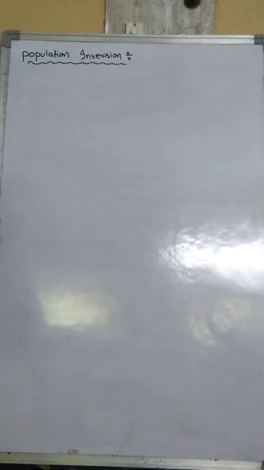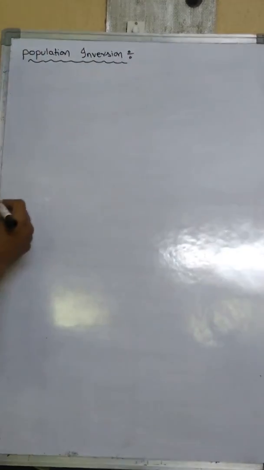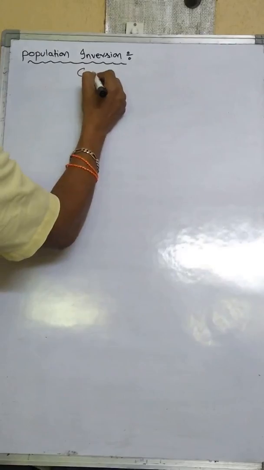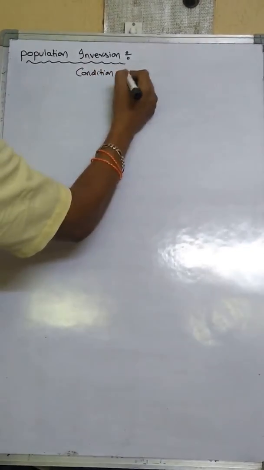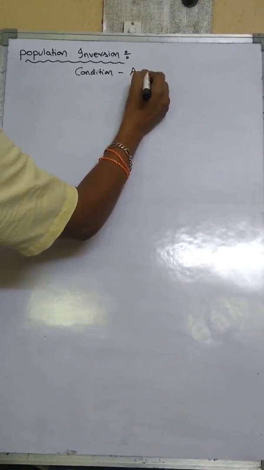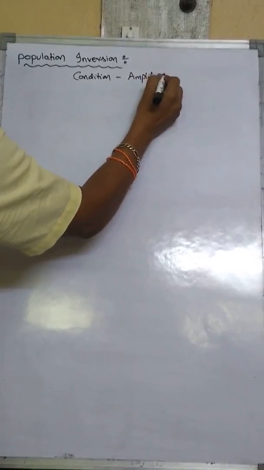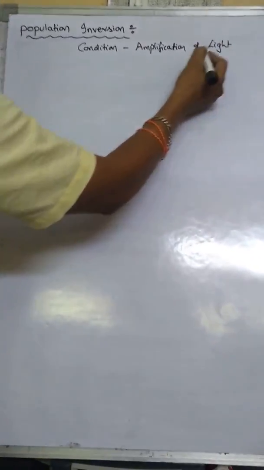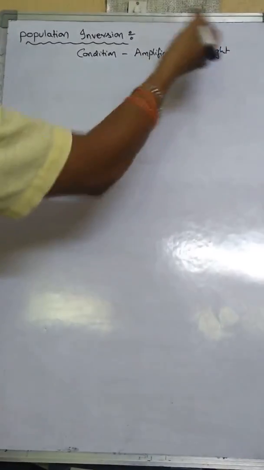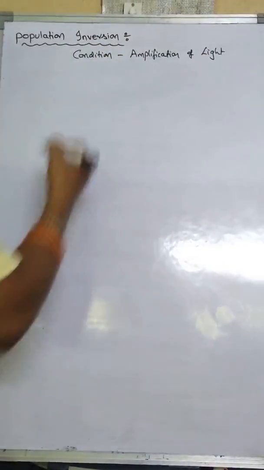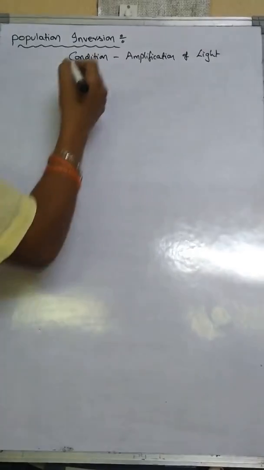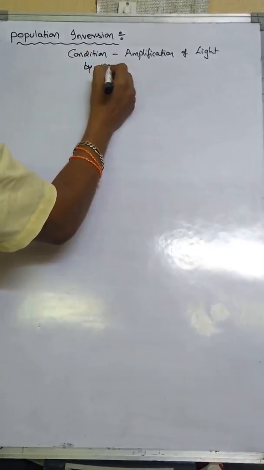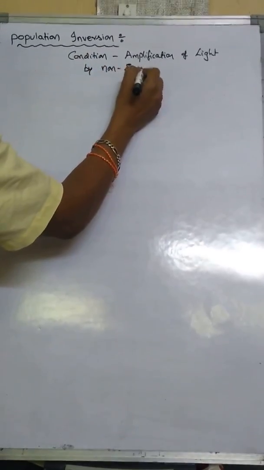Population inversion is an important condition for the amplification of light. We are attaining light amplification by a non-equilibrium condition.